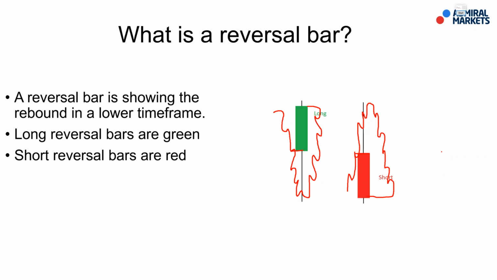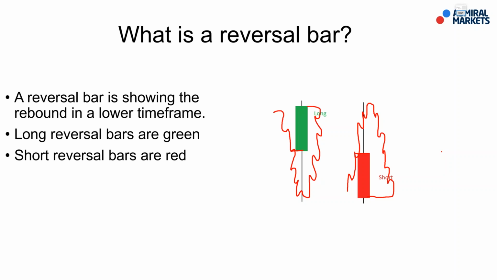Maybe you want to use it in shares. You have to check the market one time a day in the morning. Then you can filter your list, your DAX or S&P 500 or Dow Jones, whatever, and look for reversal bars in the daily chart in shares.